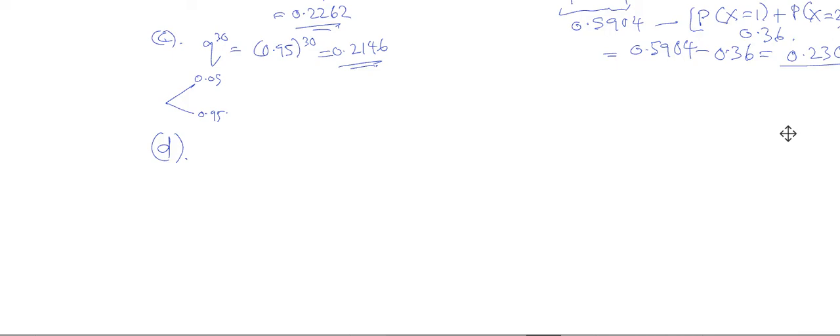In this case, the number of vehicles is something you can count, not something you measure. It's not continuous, this is discrete.